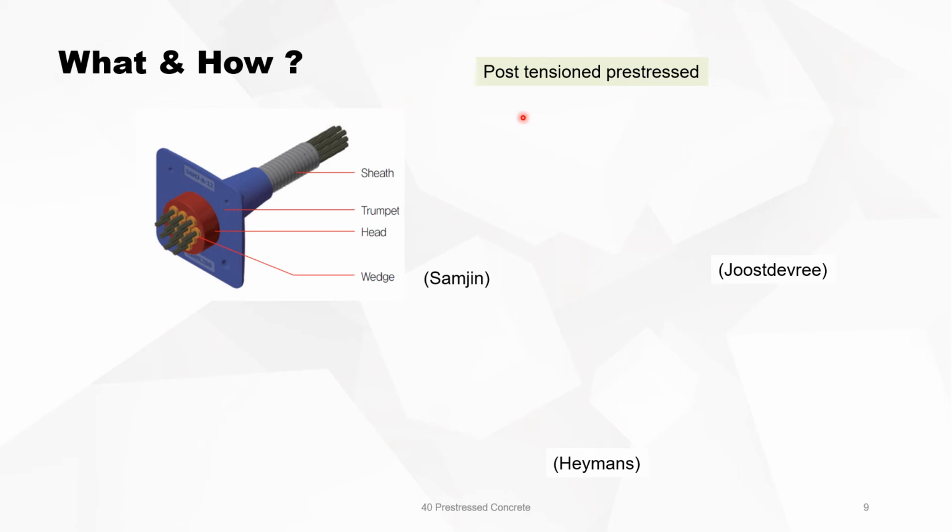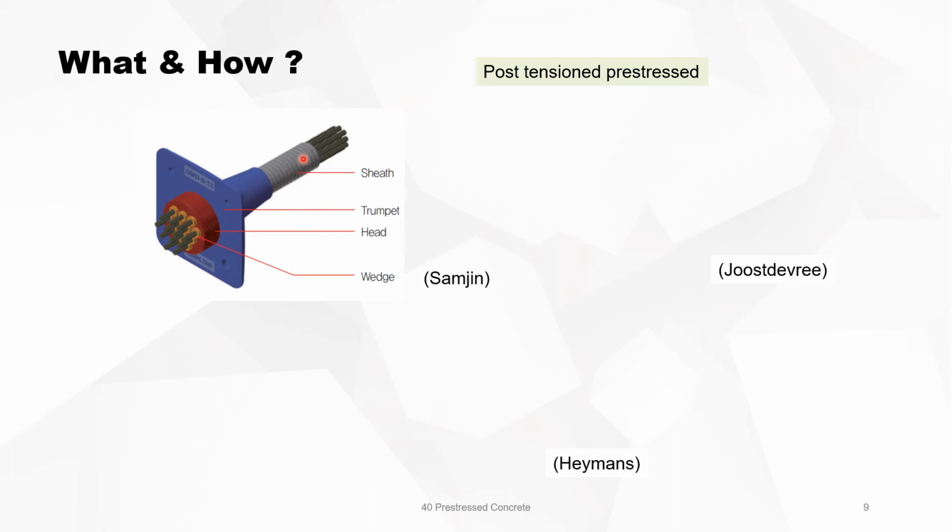For post-tensioned pre-stressing, we can use systems like the trumpet. The blue one is a trumpet. Then you have a head. In the head there are different cables inserted. Each cable consists of a couple of wires. Then you have the sheet.